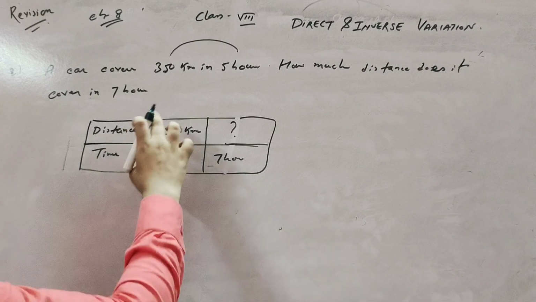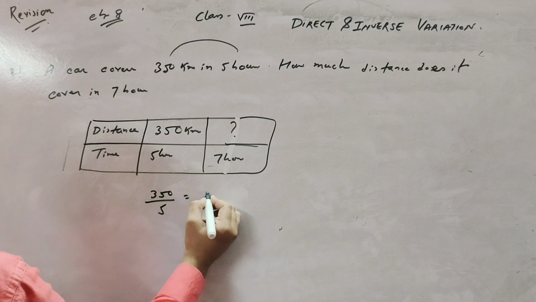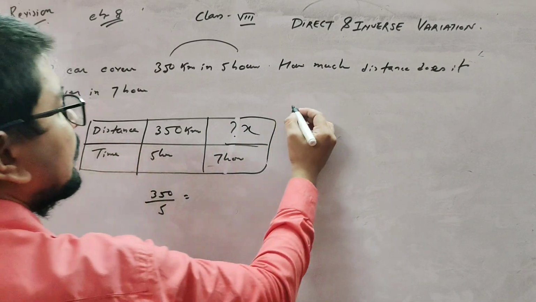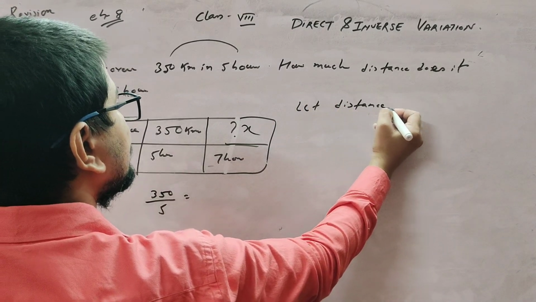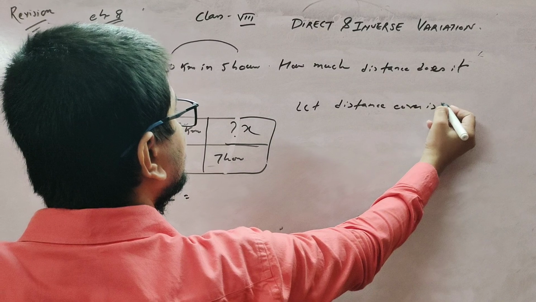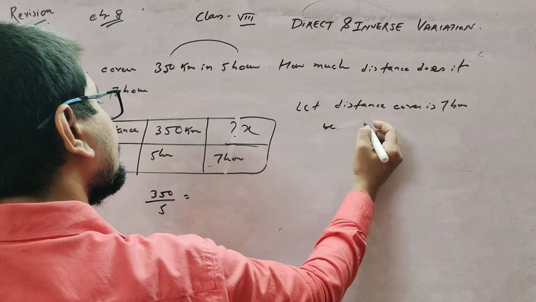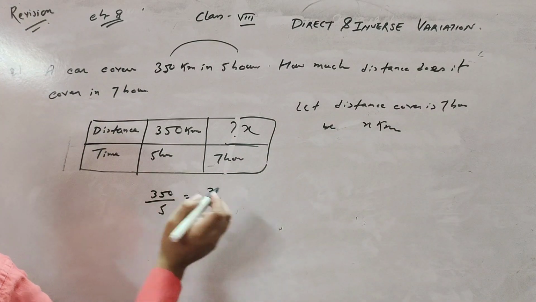Easy, this is directly variable, so we write 350 by 5 equals, let the distance covered in 7 hours be x kilometers, so x by 7.